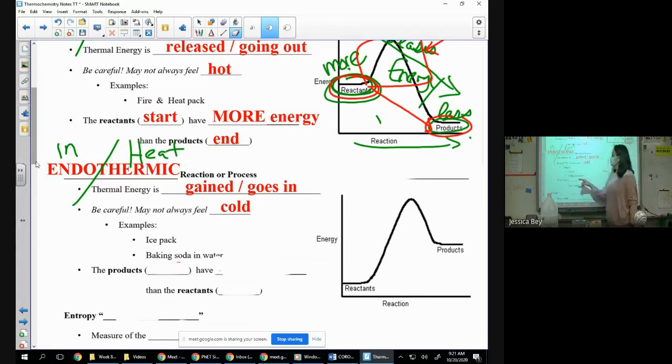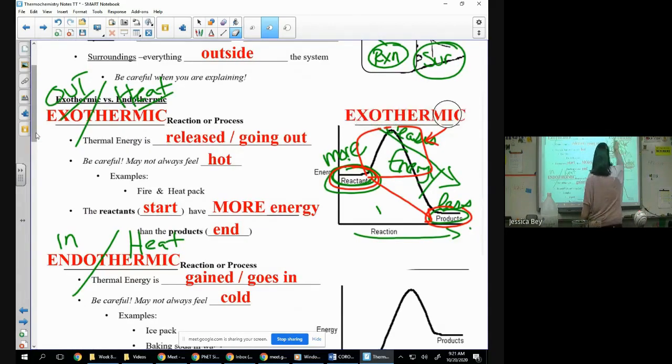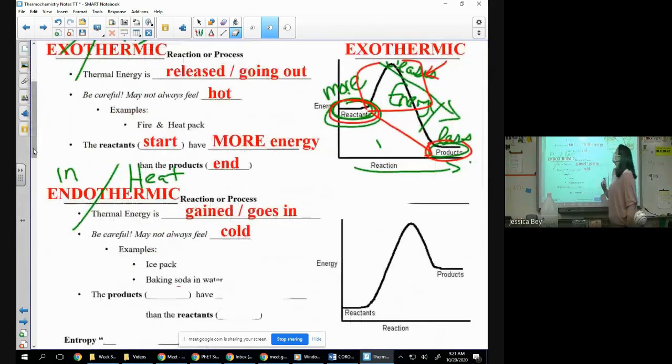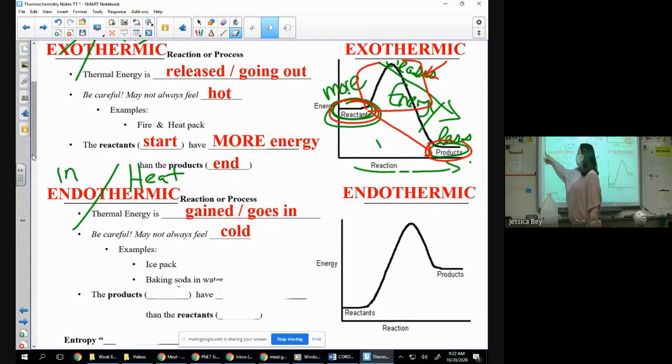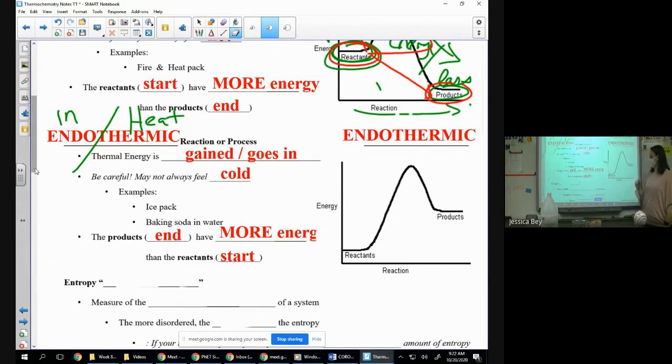Oh, you know what I meant to do? This graph up here, friends. Write exothermic on it, just so I know it's right next to it. This is your endothermic graph. And in your endothermic graph, your products, which are at the end, have more energy than what you're starting with.